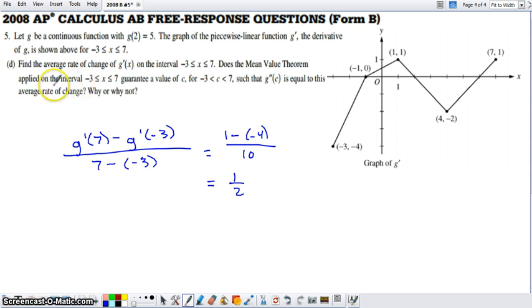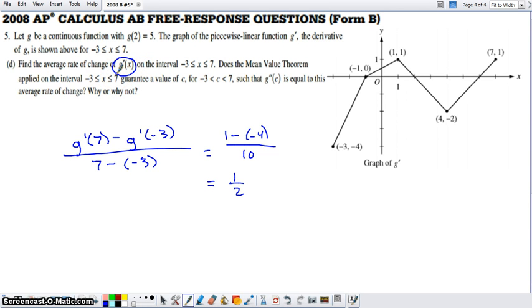Does the mean value theorem applied to g prime on the interval negative 3 to 7 guarantee the existence of a c such that g double prime of c is equal to this average rate of change? Why or why not? In order to use the mean value theorem, two things have to be happening with the function you're applying it to. In this case, we're applying the mean value theorem to g prime of x.